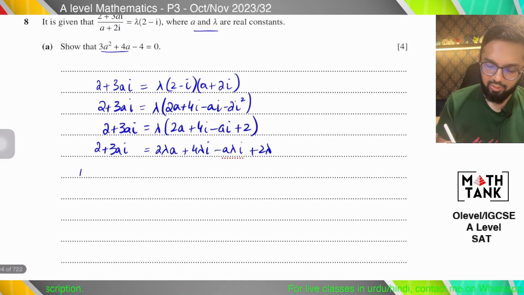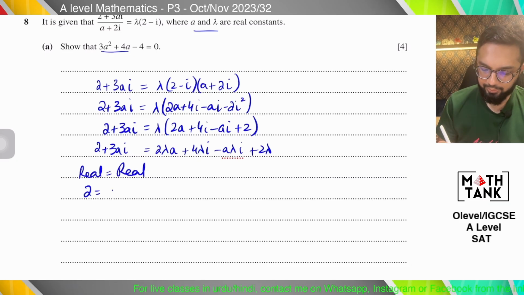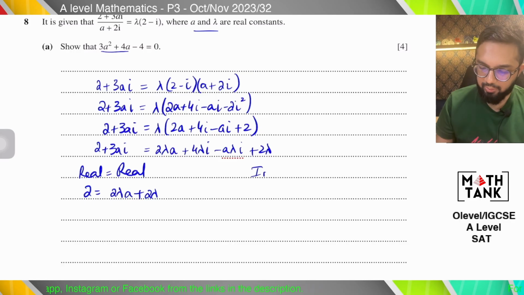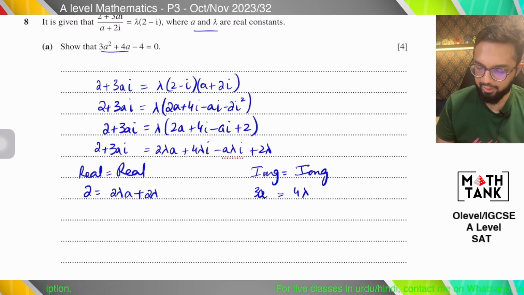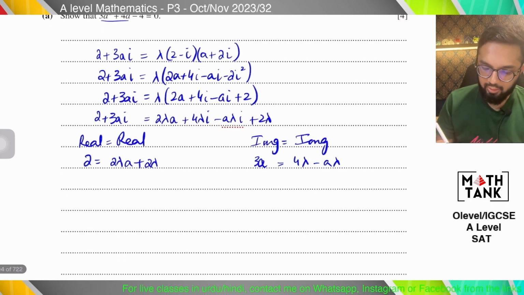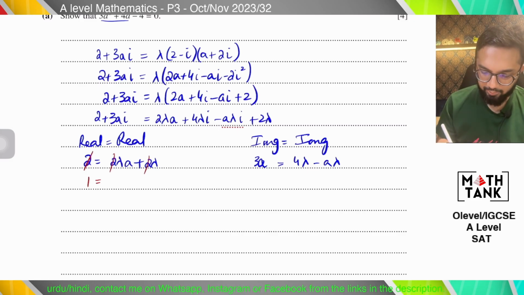So let's compare the real parts to the real parts. So 2 equals 2 lambda a plus 2 lambda. And imaginary to imaginary, I get 3a equals 4 lambda minus a lambda. Here 2 feels common, so I'm going to remove that and say 1 equals lambda a plus lambda.